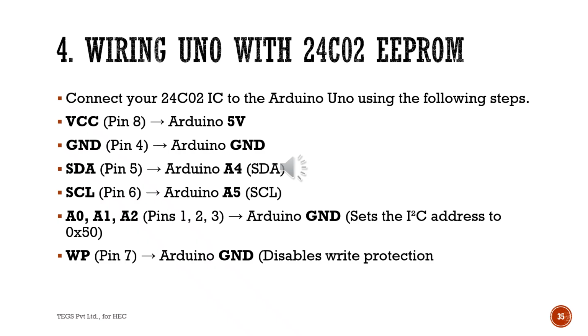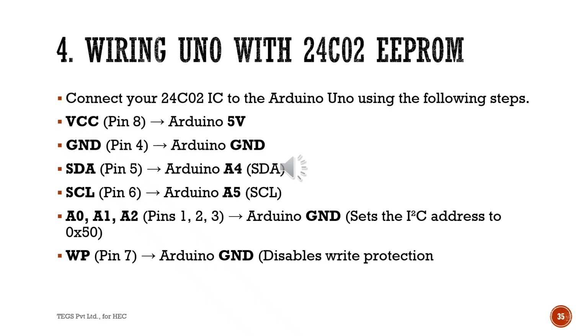Step 2. Connect pin 4 ground of EEPROM to Arduino ground. Step 3. Connect SDA pin 5 of EEPROM to Arduino A4 pin. Step 4. Connect SCL pin 6 of EEPROM to Arduino pin A5.